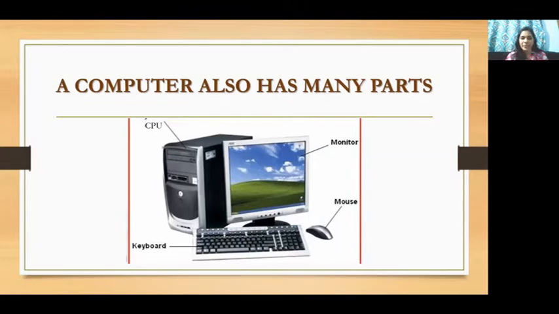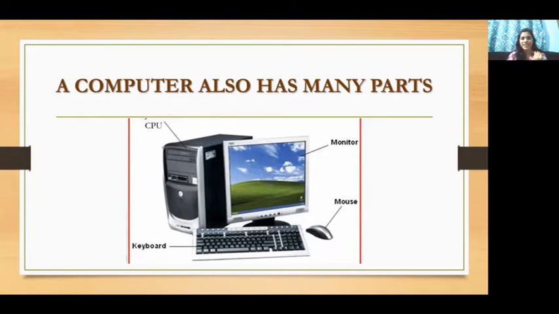What were they? Mainly 4 parts are there for a computer. First one, it is a monitor. Second one, CPU. Then third one, keyboard. And fourth one is a mouse.